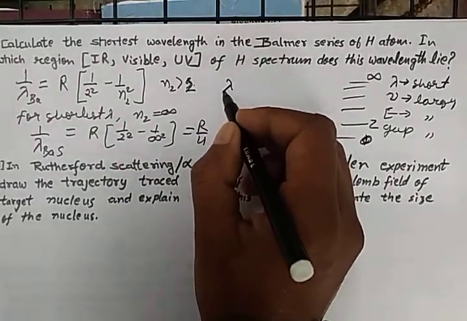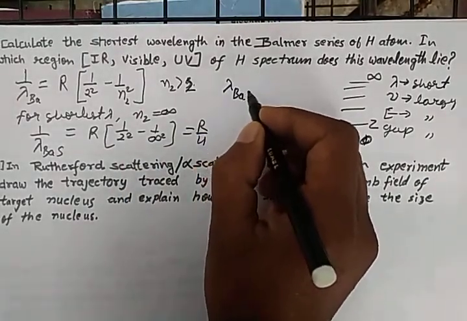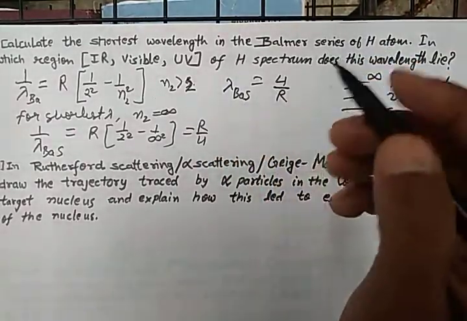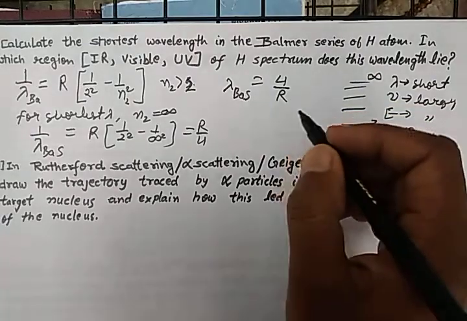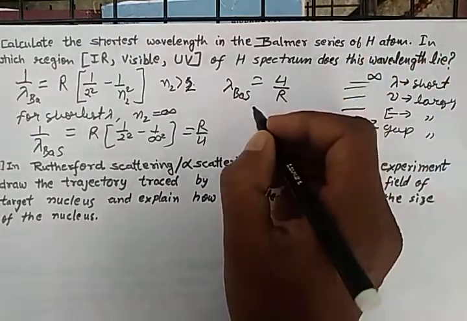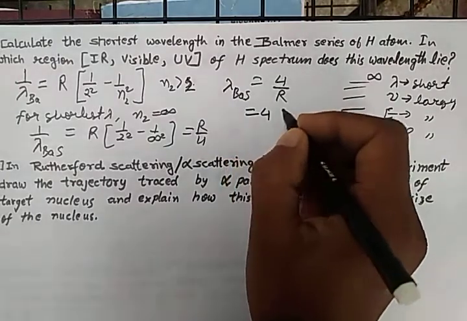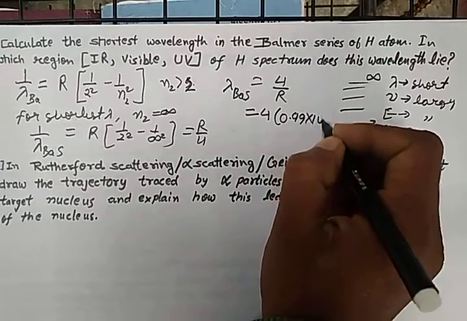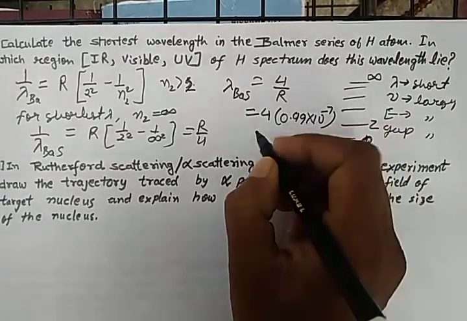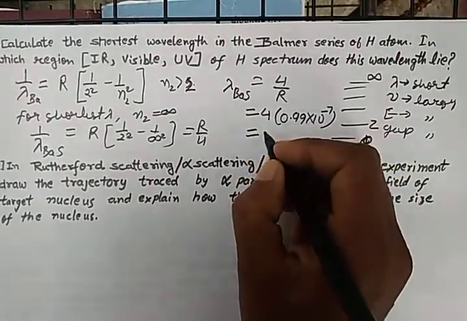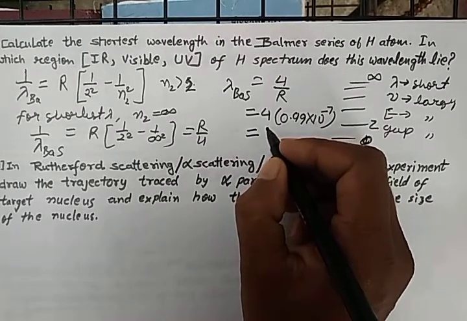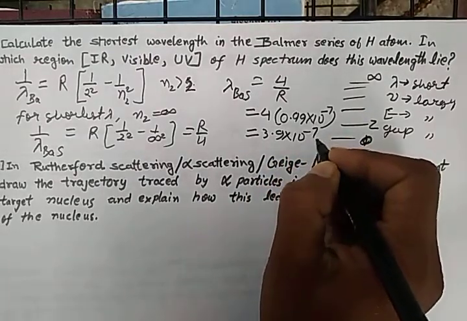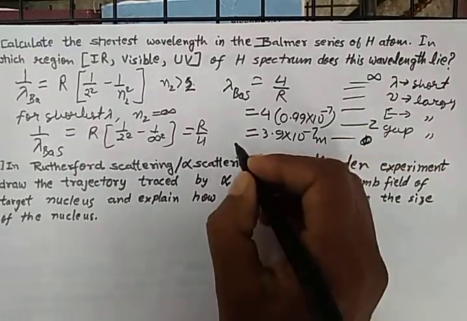So lambda Balmer shortest is equal to 4 by R. And if you remember, I told you about the value of 1 by R, which was 0.99 into 10 to the power minus 7. So it is roundabout 3.9 into 10 to the power minus 7 meter. So it lies in the visible region.